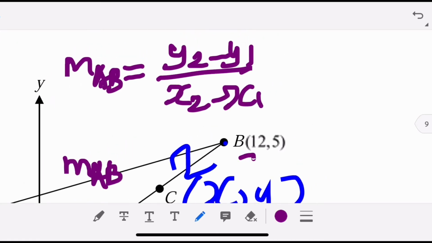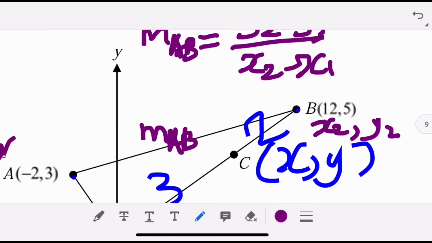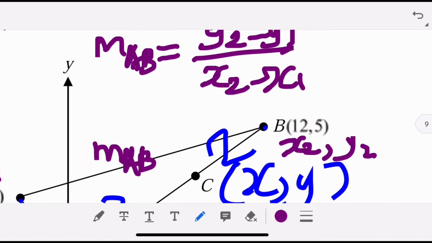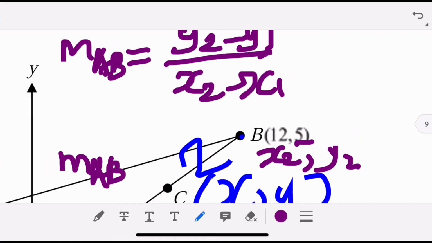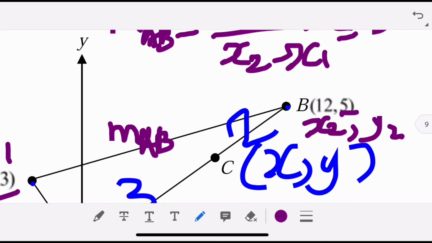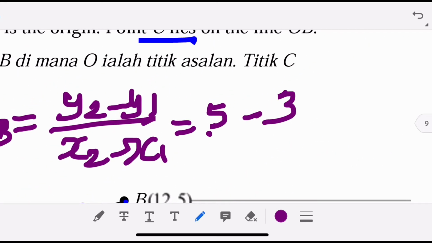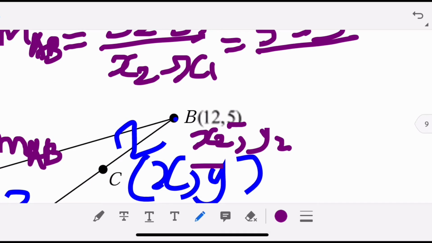Our y2 will be 5, so x2 will be 12, and our x1 will be negative 2, and y1 will be 3. So now I will substitute the points: 5 minus 3 over x2, which is 12 minus, be careful when there is a negative so that you won't make a careless mistake.